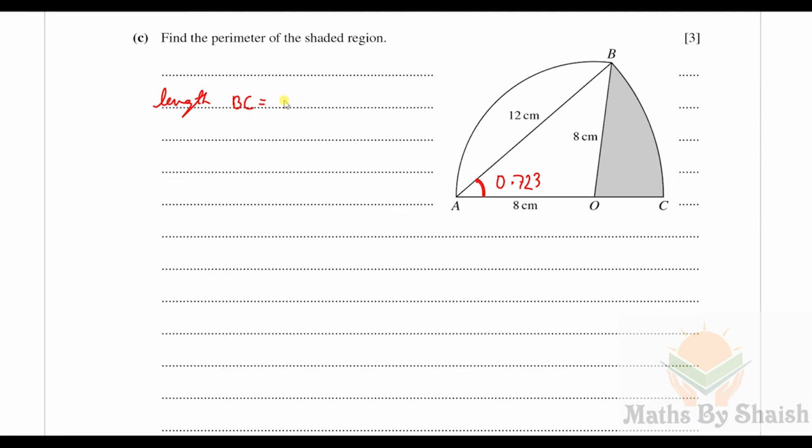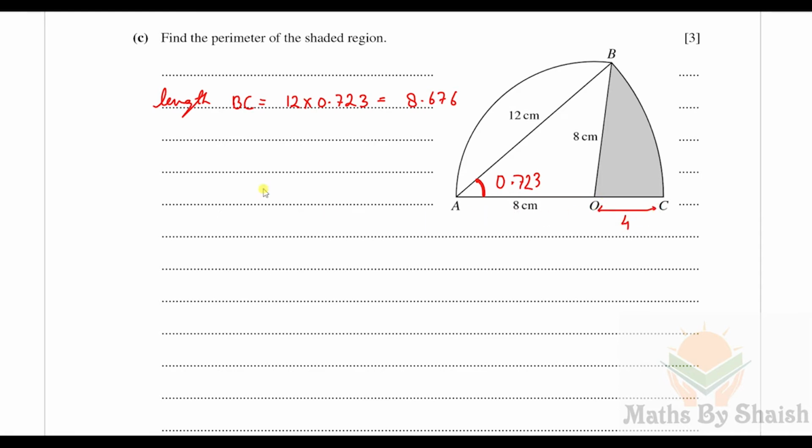So 12 times 0.723 is the length of arc BC. It is going to be 8.676 centimeters, and we know that this is 8, so this is going to be 12 minus 8, 4.